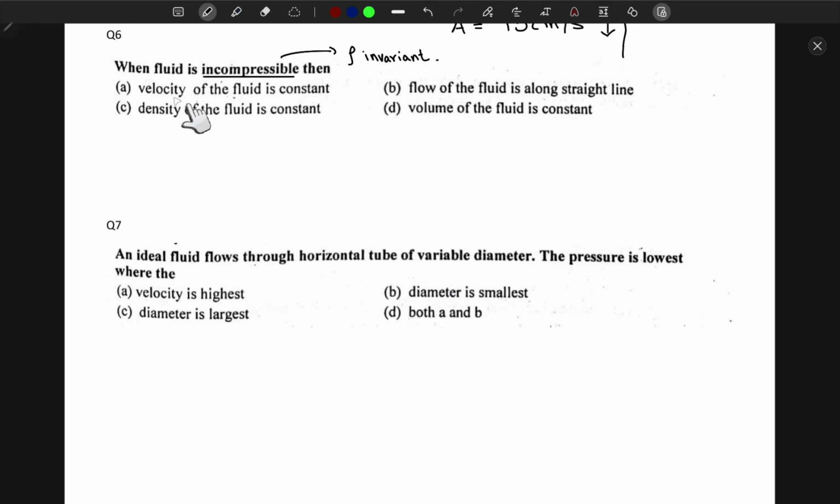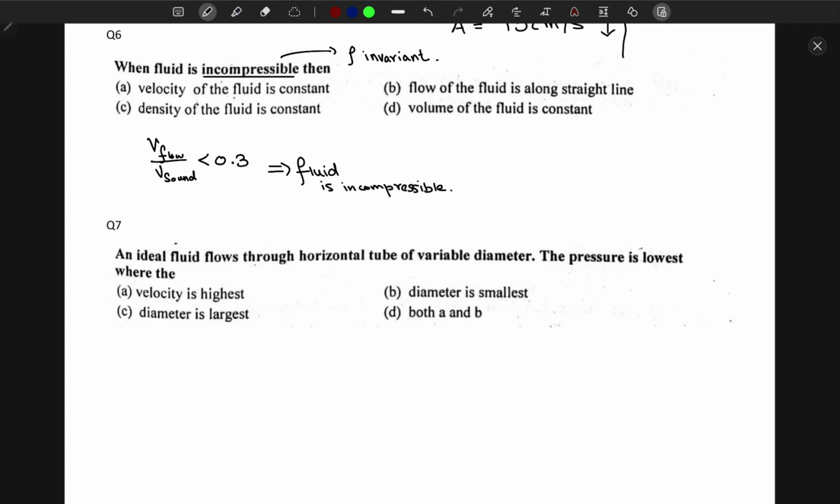Now, in terms of velocity, the relation with velocity is such that when the ratio between the flow velocity and the speed of sound is less than 0.3, then the fluid is incompressible.